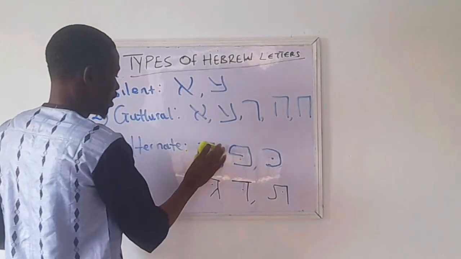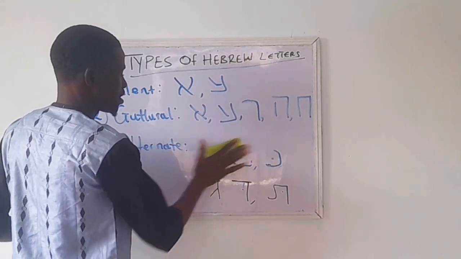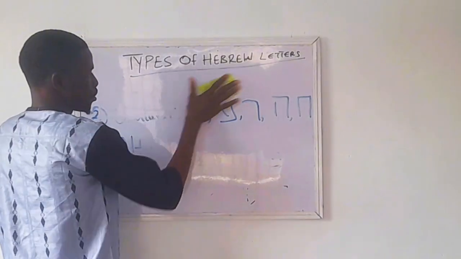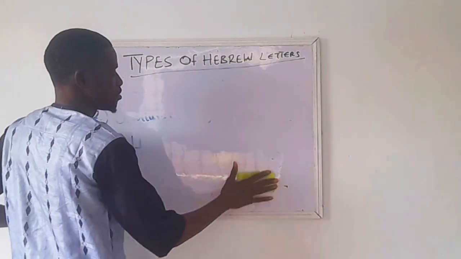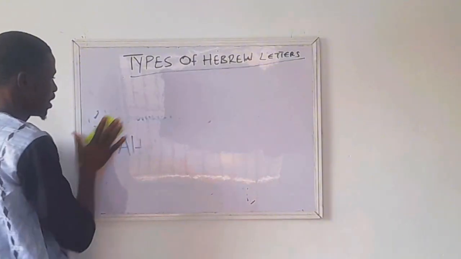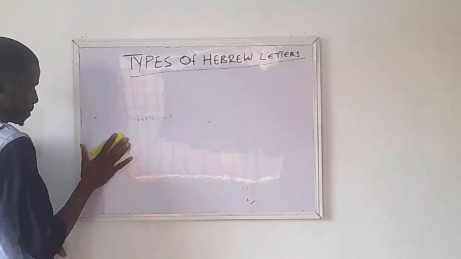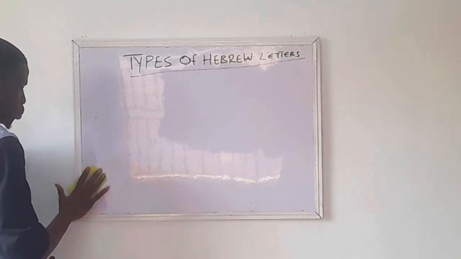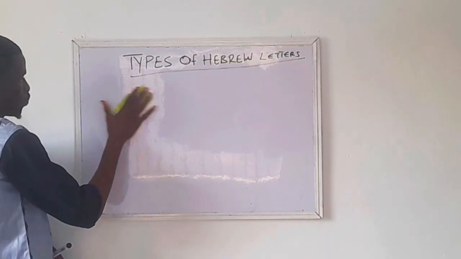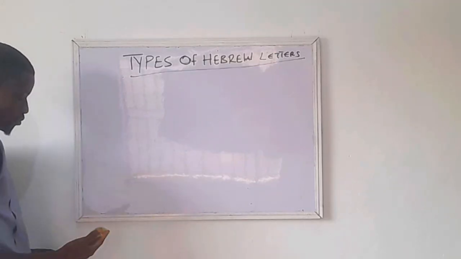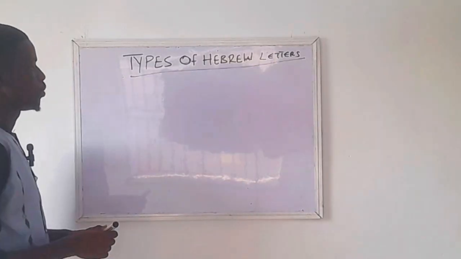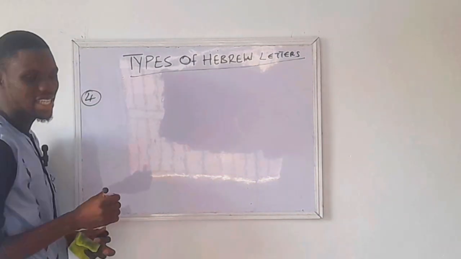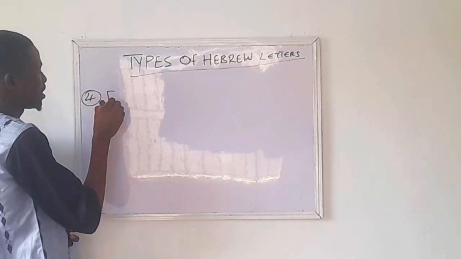Now that brings us to the next type of letter. Let me clean all of this and write that, because we will need to write it again and again. Now, that's number four types of letters: the final letters.